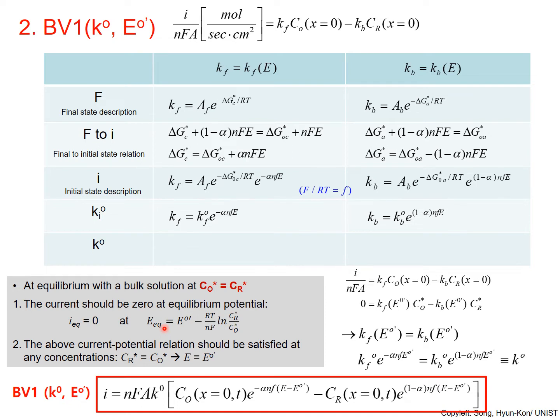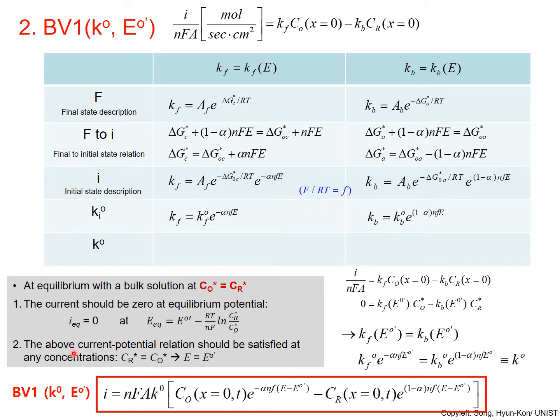So E equilibrium is equal to E0 prime minus RT per nF ln bulk concentration of reduced species per the bulk concentration of oxidized species. I should emphasize this concentration is the bulk concentration value at equilibrium.